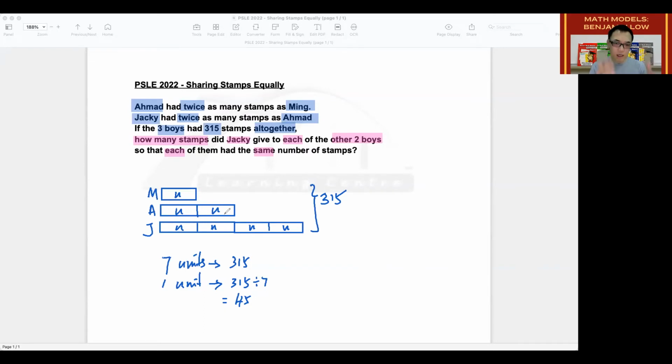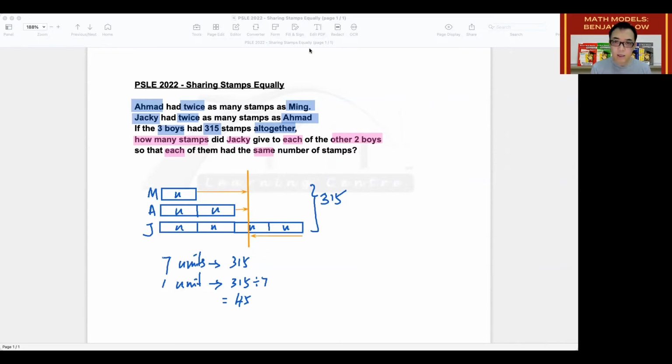Now I need to find out how much each of them should have in the end. Because if Jackie is going to give his share to Ahmad and Ming, it looks a bit like this. So Jackie's amount, and this is for your understanding, has to decrease. Ming's amount has to increase, and Ahmad's amount has to increase.